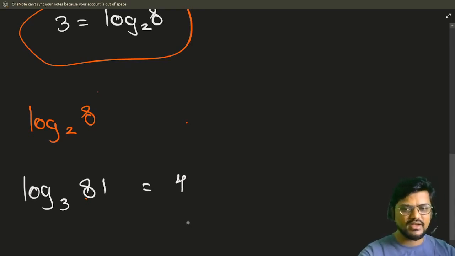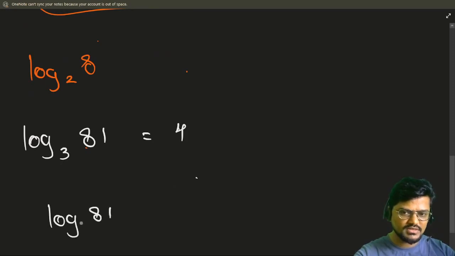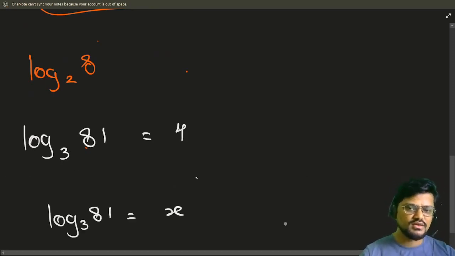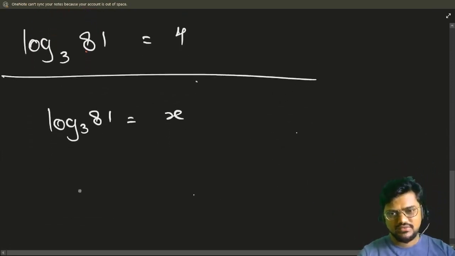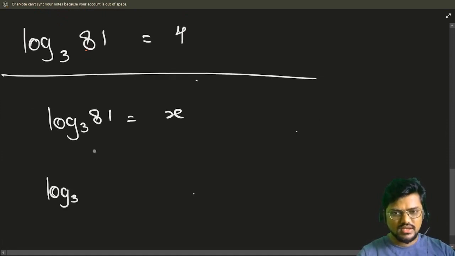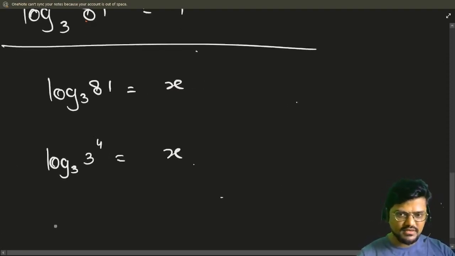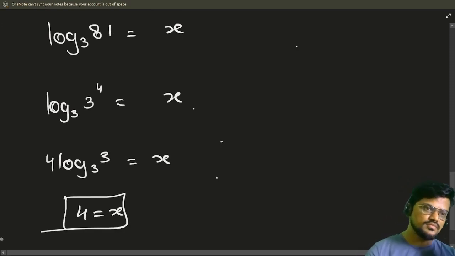Even if we want to find this value mathematically, if I say log 81 to the base 3 equals x, then 81 can be written as 3 to the power 4 equals x. This 4 goes backside. Log 3 to the base 3 is how much? 1. So 4 equals x. Got it?